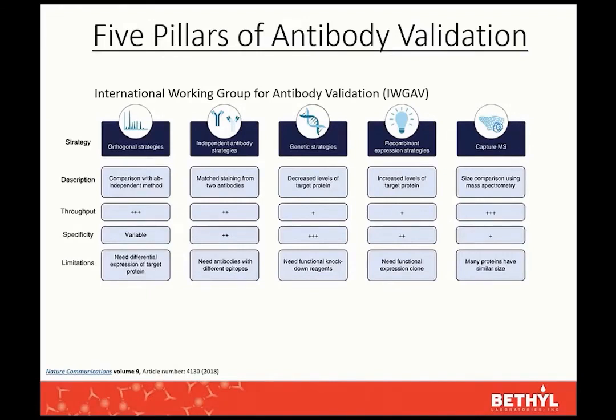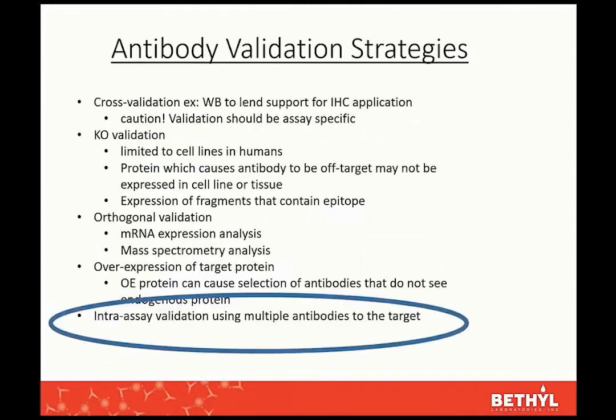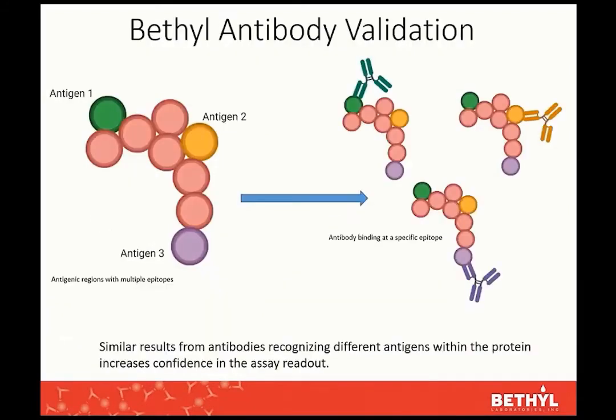So by using multiple antibodies to the protein, you should be able to get the same result, which gives you confidence. So intra-assay validation using multiple antibodies is, in our mind, one of the strongest ways to ensure proper validation of your antibody.